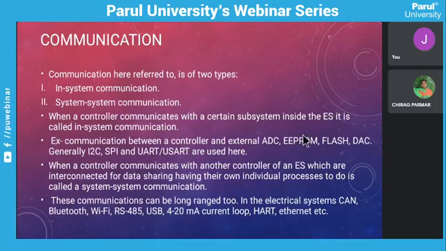Then external EEPROMs. In some processes, it might be required to store a large amount of data, and there EEPROMs are used. EEPROMs use SPI, which is quite fast compared to I2C. External flash is also used in some cases to store a certain amount of code externally. So flash also uses SPI communication to communicate with the controller. Then there is the DAC, or digital to analog converter.